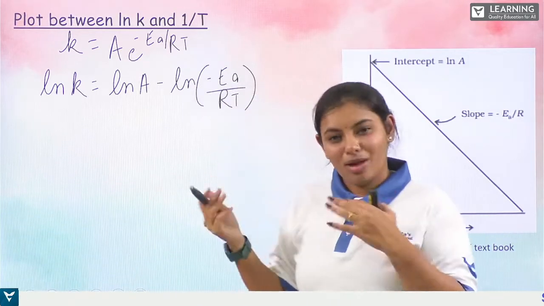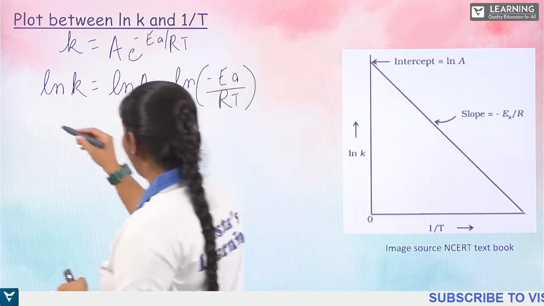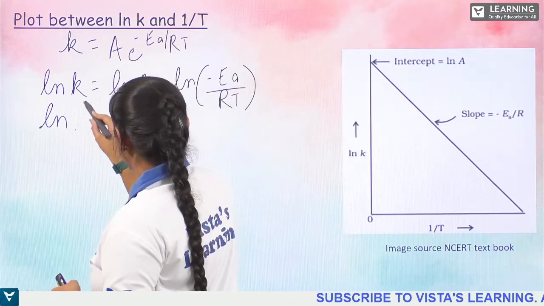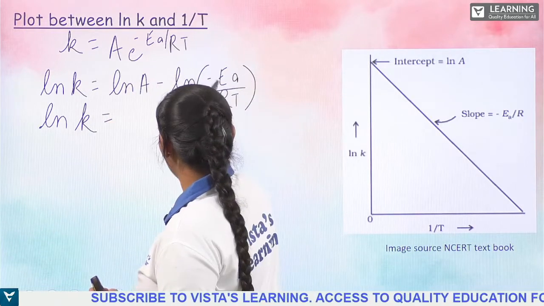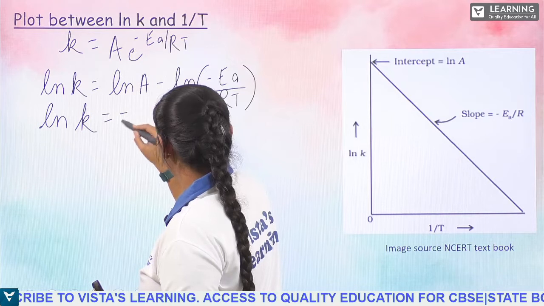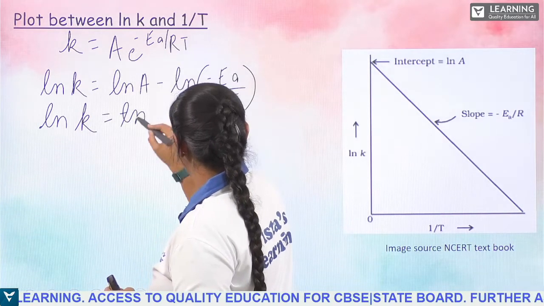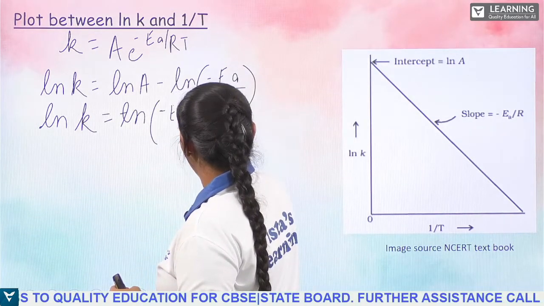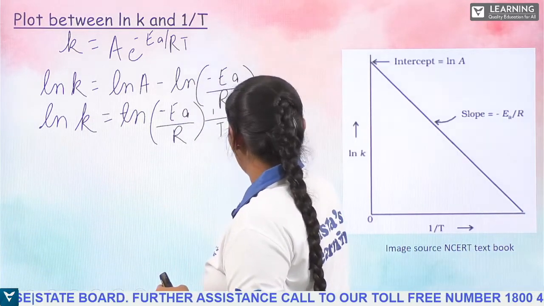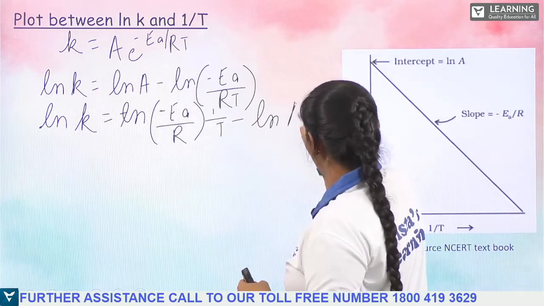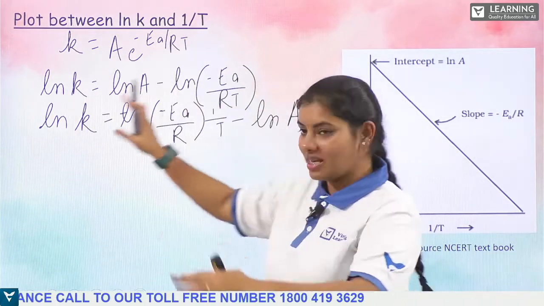Now I'll just rearrange a little bit. ln K is equal to minus EA by R times 1 by T, plus ln A.